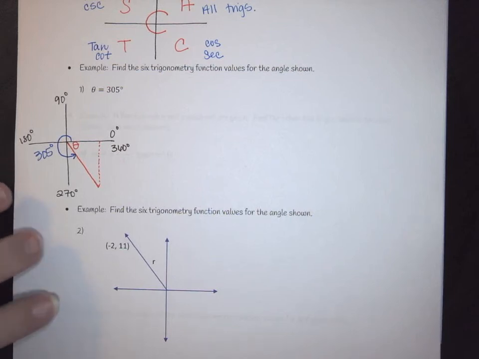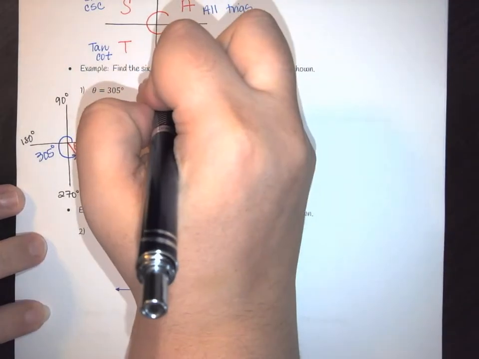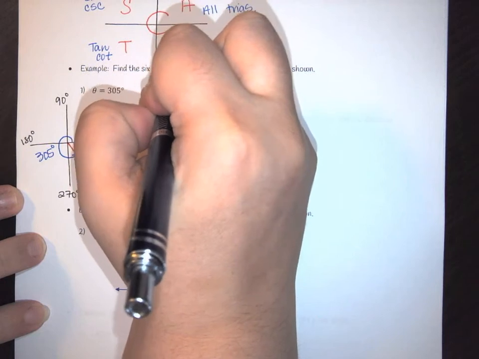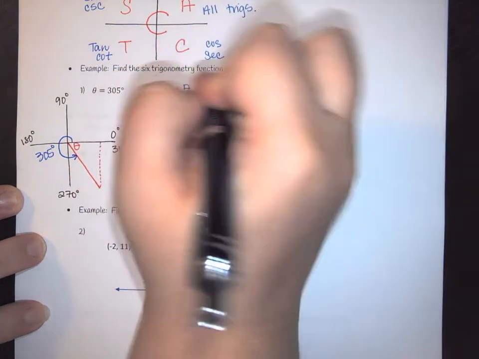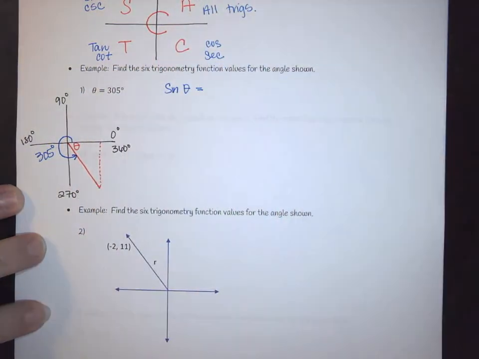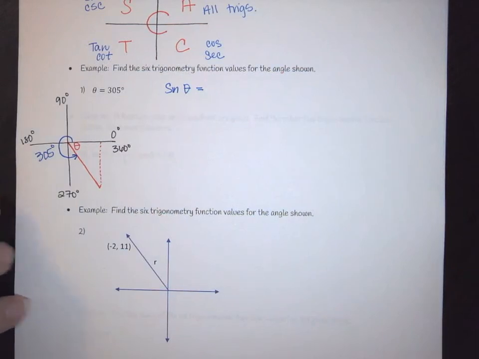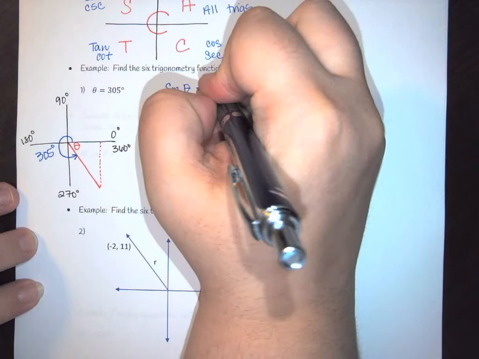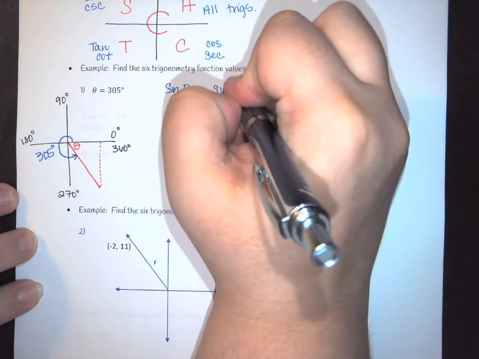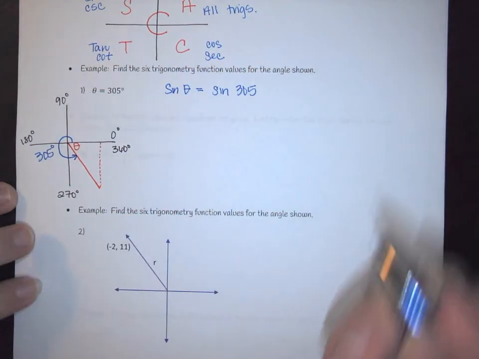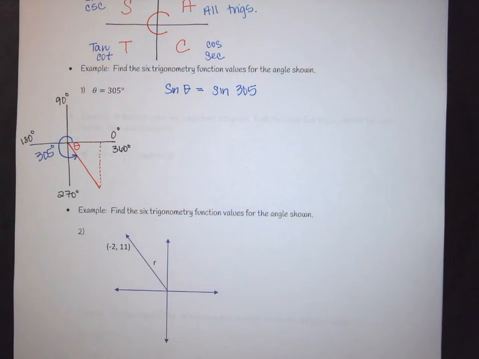Therefore, what do I know? Well, first I have to take the sine of my angle. In this case, I am going to look at sine of 305 because that is my angle.